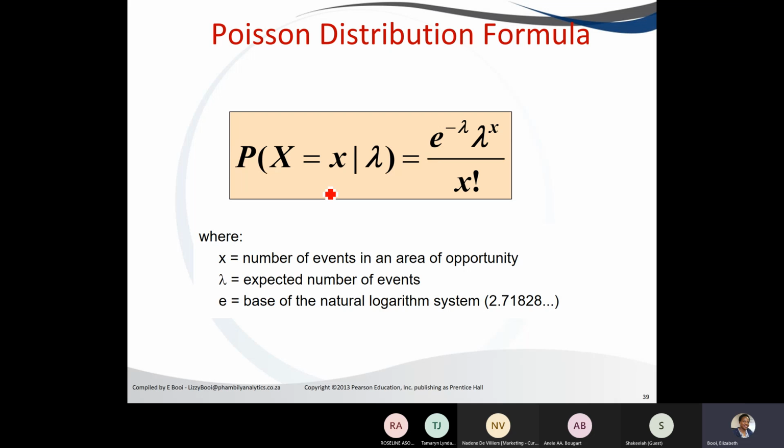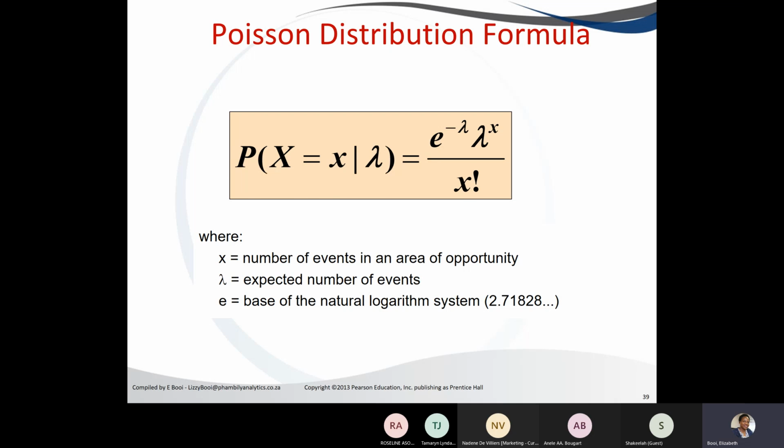On your calculators, you do know where the e is. If you are using a Sharp scientific calculator, it is that e with an x. If you are using a Casio, you will also be able to see that e with an x. And we just solve the equation. Also, like with binomial, for the Poisson distribution you do not have to use the formula, but they will want to know if you know how to substitute the values into the formula.